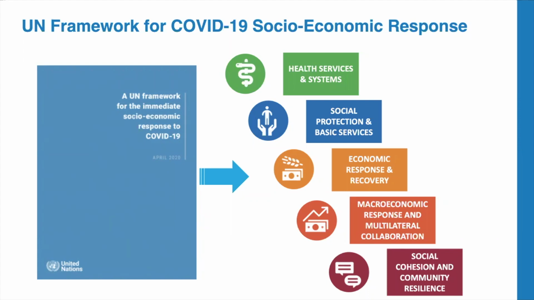First one on health systems and services, second on social protection and basic services, third on economic response and recovery, fourth on macroeconomic response and multilateral collaboration, and fifth on social cohesion and community resilience.